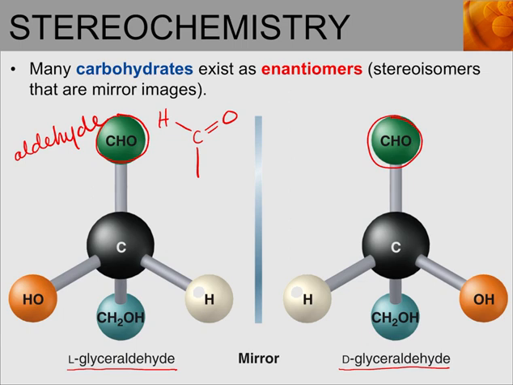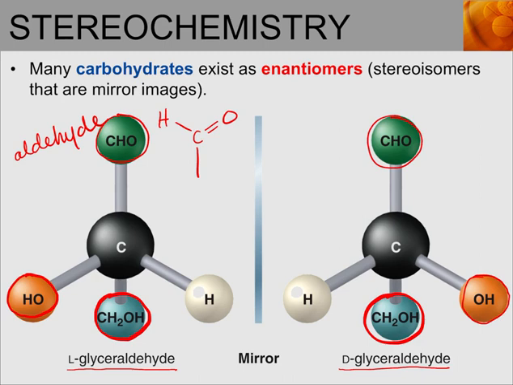Both compounds have a CH2OH at the bottom. So that's a carbon bonded to two hydrogens and an OH group. And then in L-glyceraldehyde, we have an OH group on the left, but in D-glyceraldehyde, the OH group is on the right.